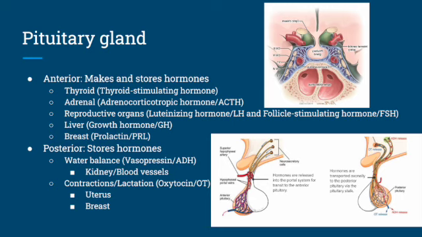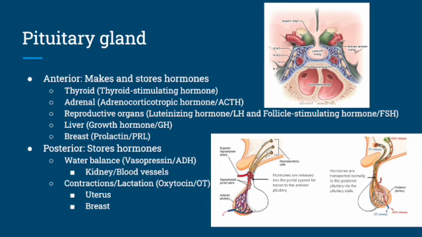And the hormones that we care the most about that the pituitary is responsible for are the thyroid stimulating hormone, the adrenocorticotropic hormone, the luteinizing and follicle stimulating hormones, the growth hormone and prolactin, which are coming from the anterior pituitary.